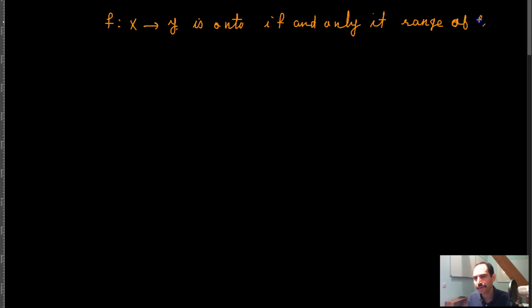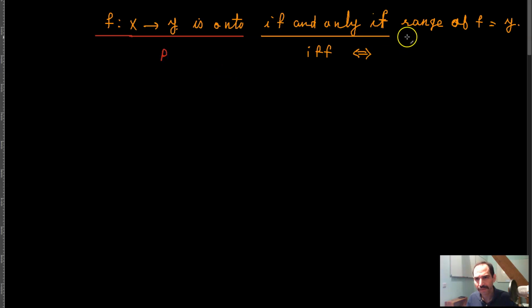Since I'm using if and only if here, that is basically iff, which is a biconditional. So if I take this statement over here as statement p, and this statement as statement q, what this means is that I'm saying that p if and only if q, right?